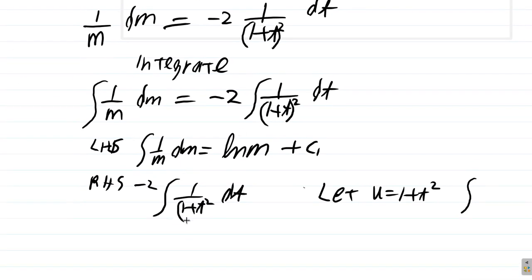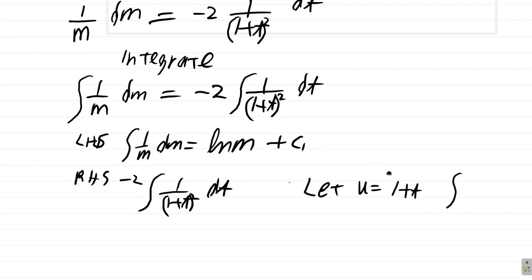Just realize that my u is not 1 plus t squared. It's 1 plus t, and then all of that squared. Right? So u, let me make an adjustment here. u is equal to 1 plus t. Nice. Alright. Now we're getting back on track.